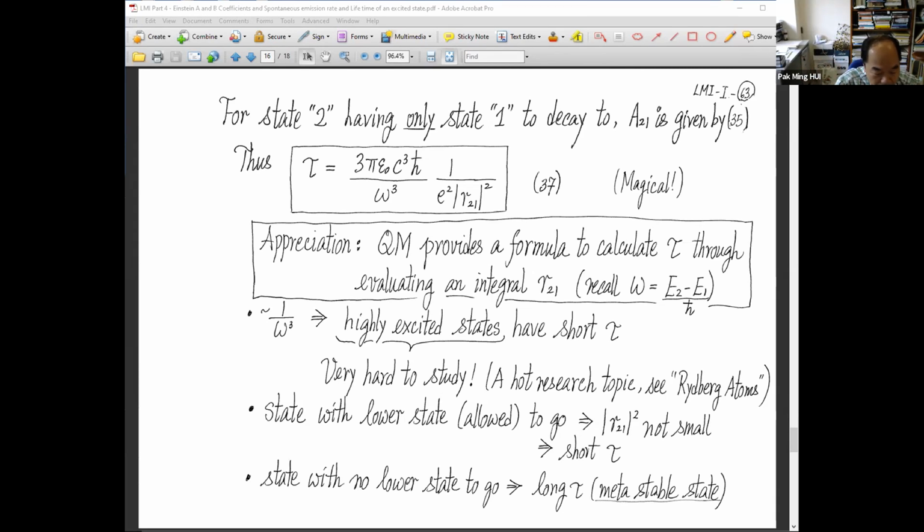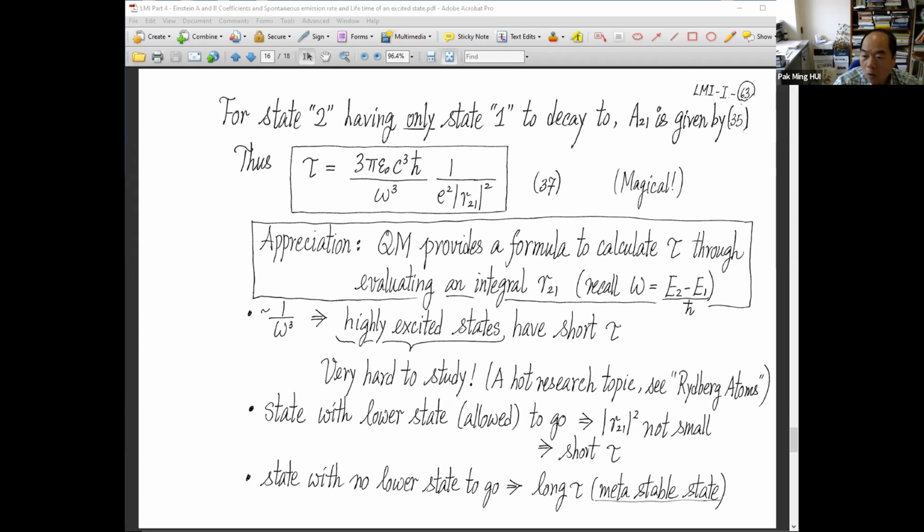But sometimes you will see some weakly allowed transition. That is to say, the matrix element is not that strong. That could have some excited state with this kind of 10 to the minus 3 second lifetime.